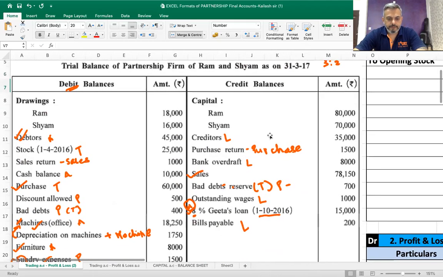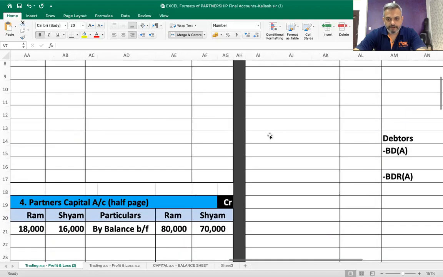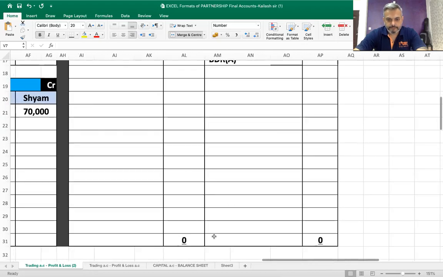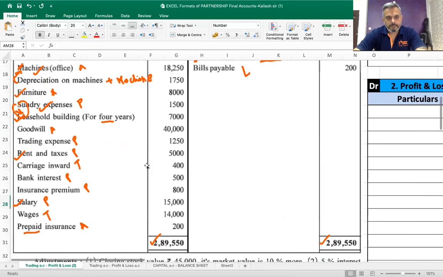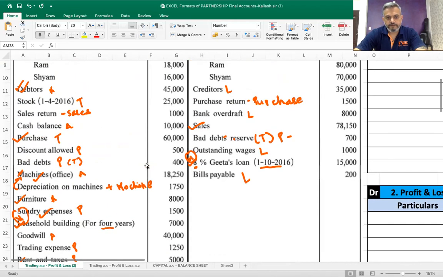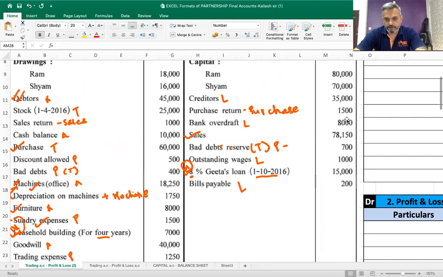Cash balance 10,000. Balance sheet, asset side. Purchase 60,000. Purchase return 1,500.